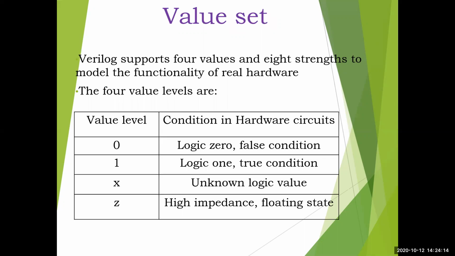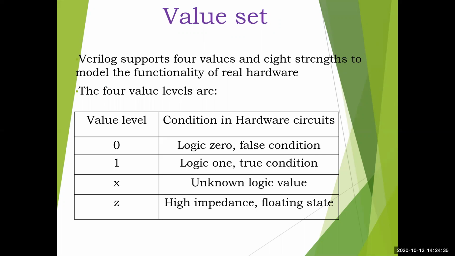Verilog supports 4 values and 8 strengths to model the functionality of real hardware. As we mentioned earlier, Verilog is not just a programming language to take some values. It is really modeling real hardware. That's why it supports 4 values.